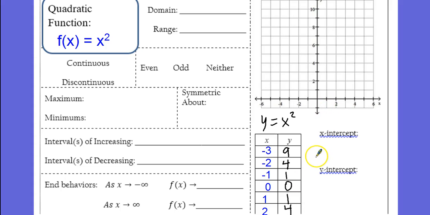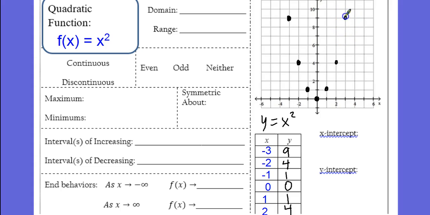Good. Okay, so, right? Very basic numbers. You're just squaring your positives and negatives. So -3, 9, -2, 4, -1, 1, 0, 0, 1, 1, 2, 4.